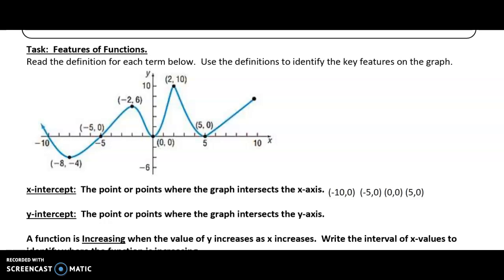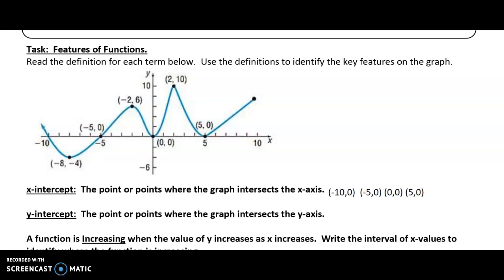All right, so since the definition for an x-intercept is it's a point where the graph intersects the x-axis, we need to make sure that we write our answer as ordered pairs.